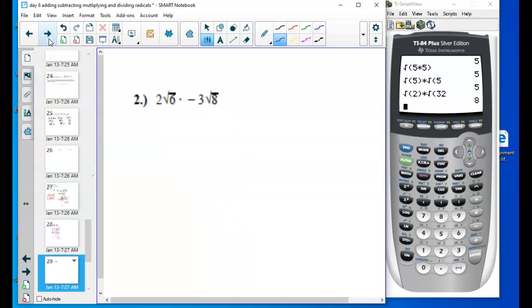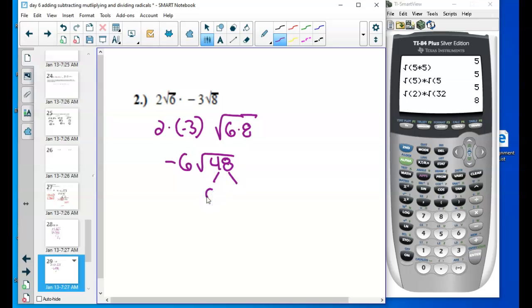I have 2 square root of 6 times negative 3 square root of 8. So I have 2 times negative 3, and then I have 6 times 8. So 2 times negative 3 is negative 6. I have the square root of 48. 48 breaks down to be 6 times 8. Let's just look at 48. All right, so I have 6 times 8, 3 times 2 times 2 times 4.